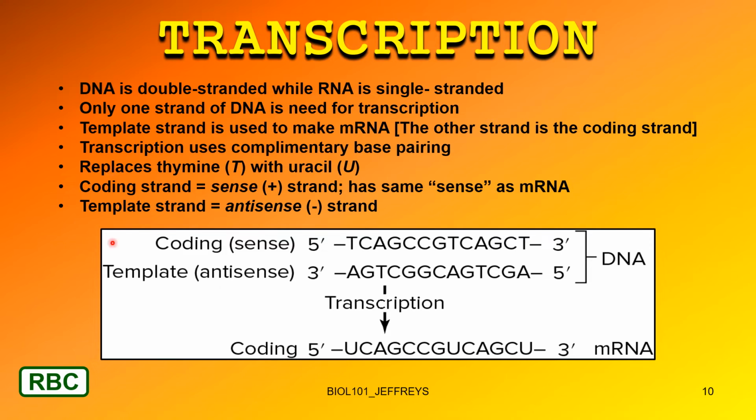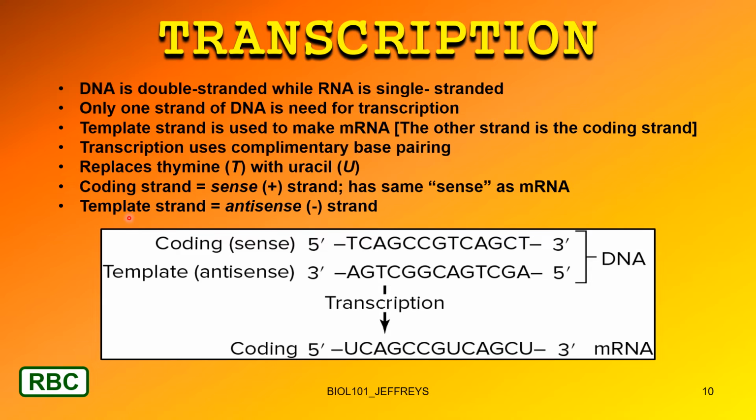So the coding strand then, we call it the sense strand or the plus strand or the positive strand, because it has the same sense as the message. That's the coding strand. Well, this will make sense in a minute.